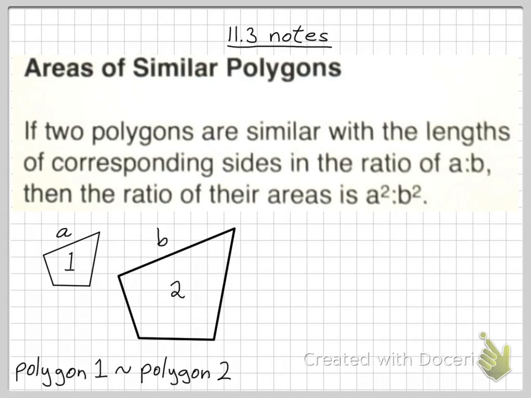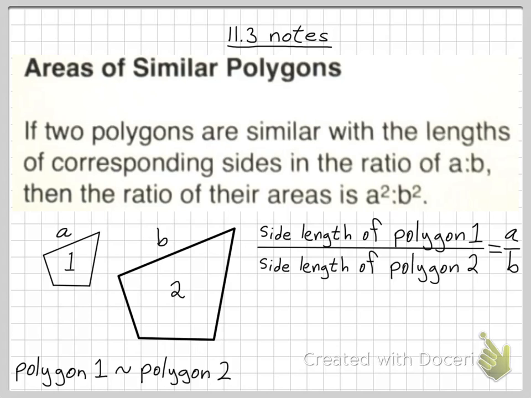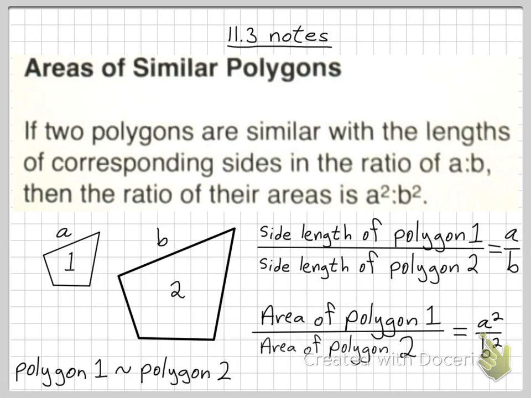So if we have polygon 1 with a side length of A, and polygon 2 with a side length of B, and the two polygons are similar, then we can calculate that the side length of polygon 1, which is A, and the side length of polygon 2, which is B, are in a ratio of A to B. And so if they're in a ratio of A to B, then the area of polygon 1 divided by the area of polygon 2 is not A to B, it's A squared to B squared.